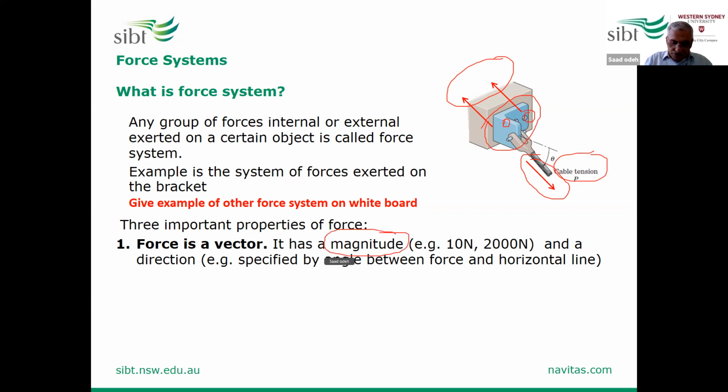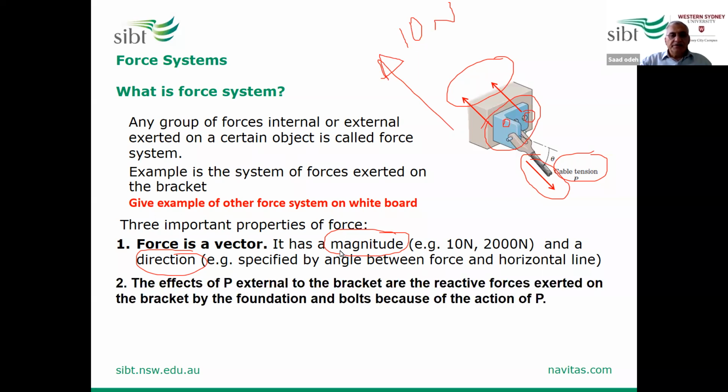We need to have a magnitude, for example, 10 Newton, 10 kilonewton, 2000 Newton, etc. And we need to show the direction. So if we have a force in this direction, for example 10 Newton, I know that the value is 10 and the direction is upward, or let's say along a certain axis.